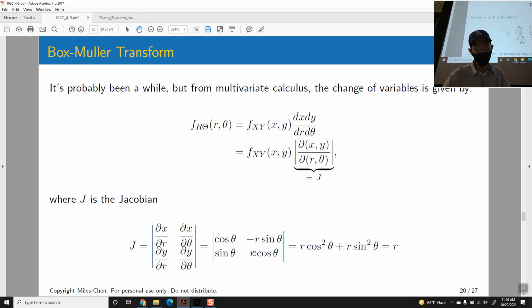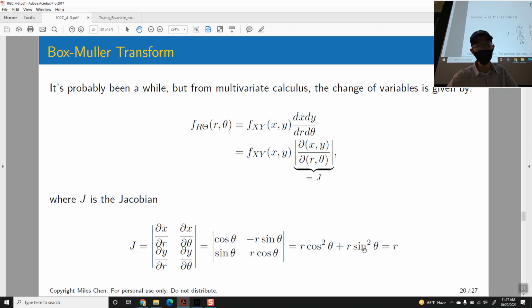Then we take the determinant of this, so we have cosine theta times r cosine theta, so we have r cosine squared theta. Then we multiply these two things together and take the difference, but it's negative, so it adds up, and we get the identity r cosine squared theta plus r sine squared theta, and these two things add up to 1.